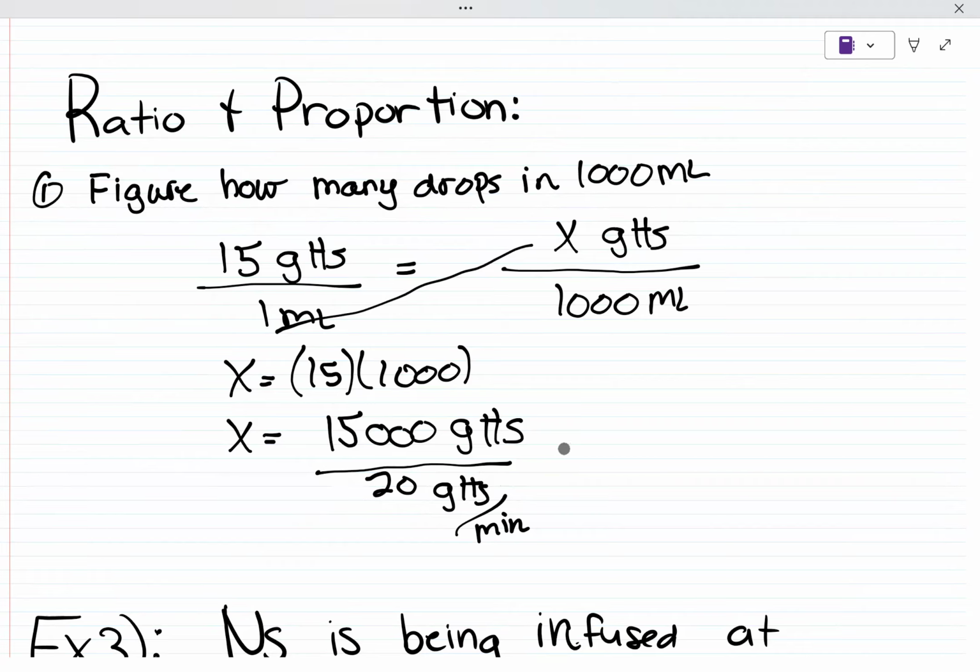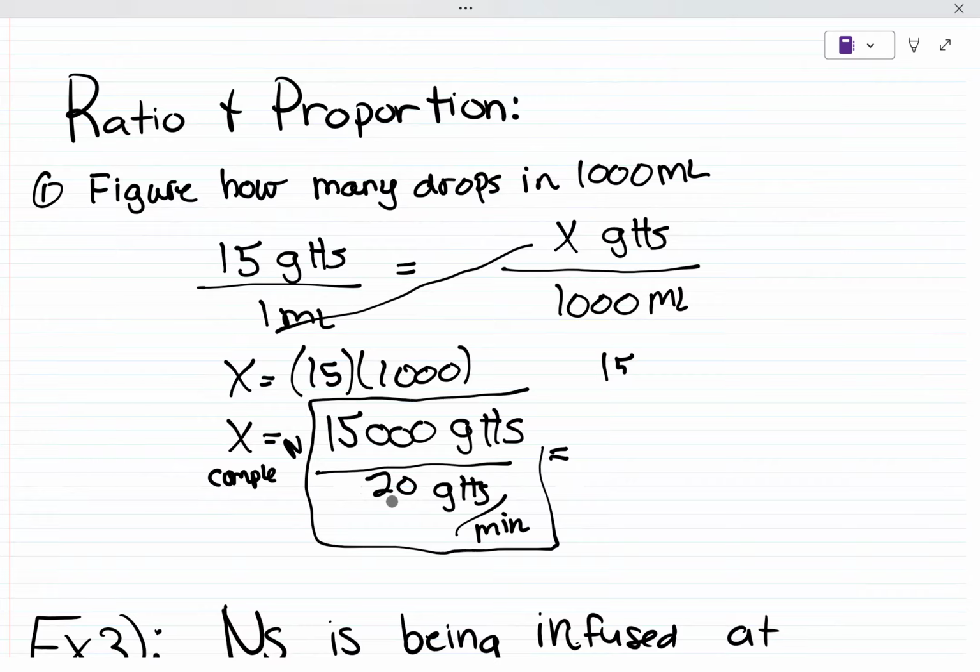This is kind of confusing at first, but this is a complex fraction, right? Do you see this right here? This is a complex fraction. If you want, you can rewrite this, and you'll see why this is going to be in minutes in a bit. This 15,000 drops is your numerator, and this 20 drops per minute is your denominator. So I can rewrite this as 15,000 drops per 20 drops over a horizontal line of minutes.